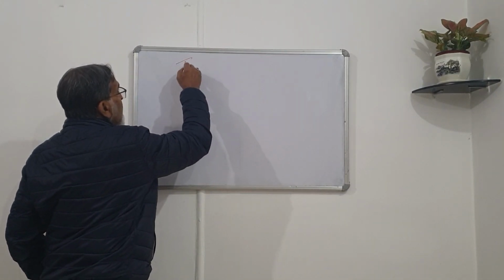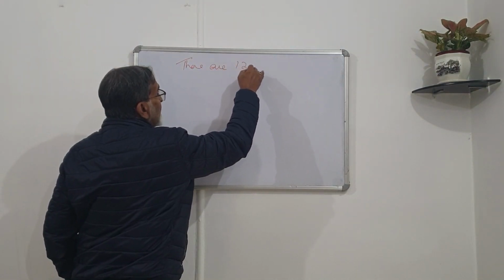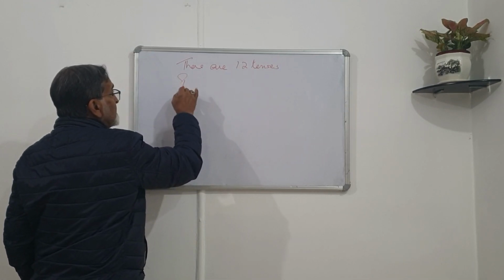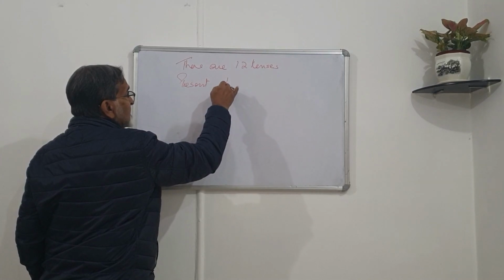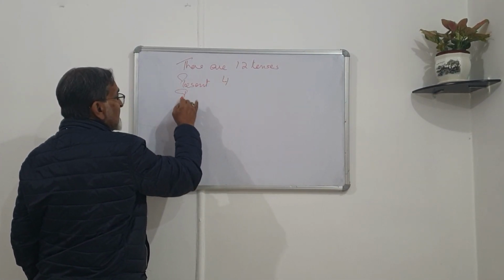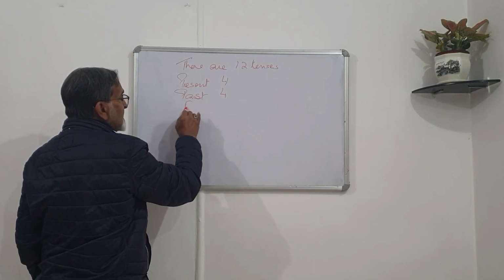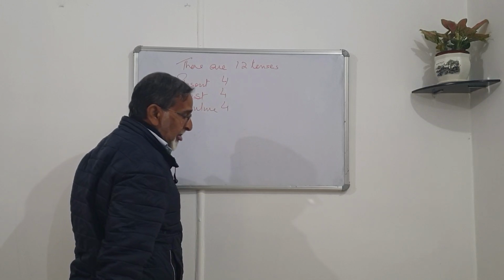Now, there are 12 tenses. Present tense has 4 tenses, past has 4 tenses, and future has 4 tenses.